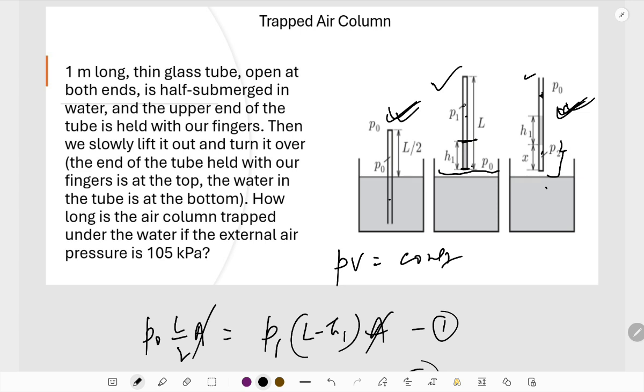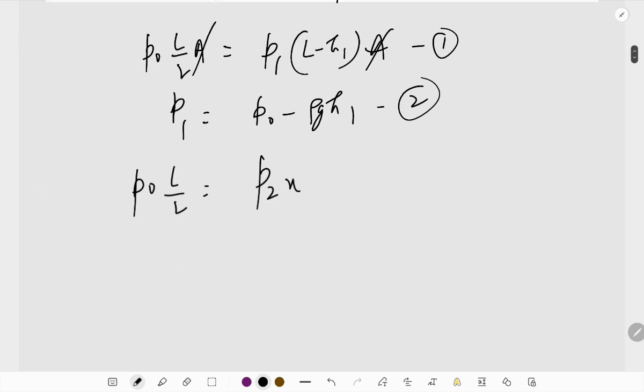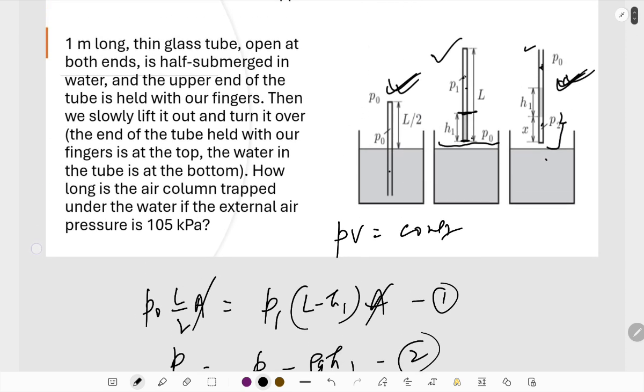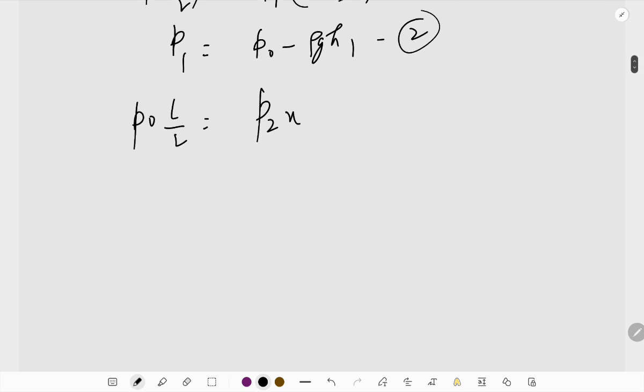Here is some pressure P2, and I can write that P2 equals P0 plus rho g H1.